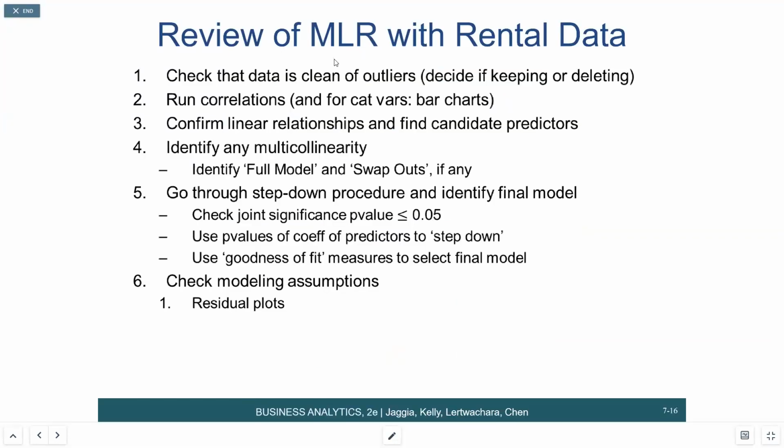We're going to review the multiple linear regression, that's what MLR stands for, with the rental data. The rental data is the second worksheet in the workbook file we downloaded out of Brightspace. If you have it from last class, last Thursday, you can get it.